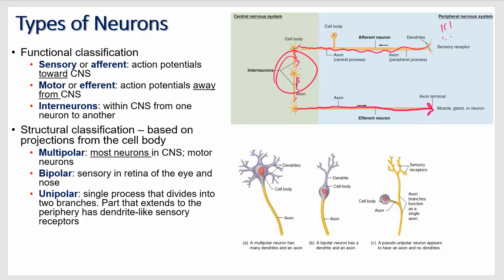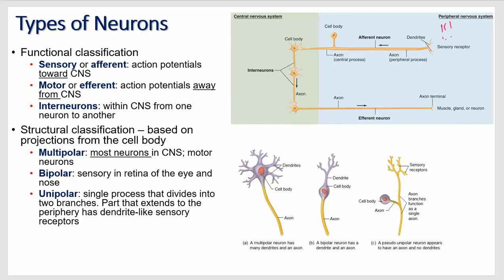So this could be a relay in the brain, like a reflex, or a reflex in the spinal cord, or it could all go up to the brain. Interneurons are just short and unmyelinated, and usually these longer tracts are myelinated.